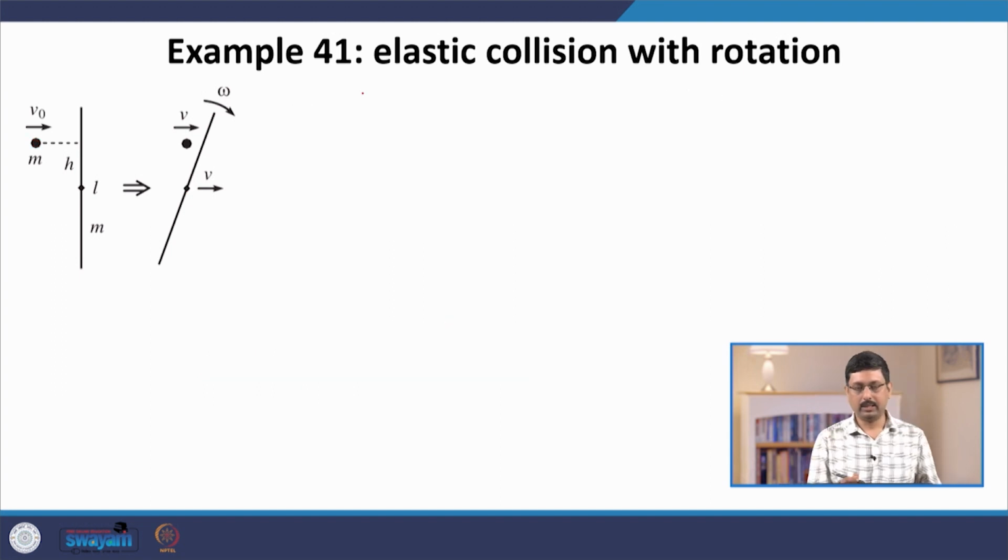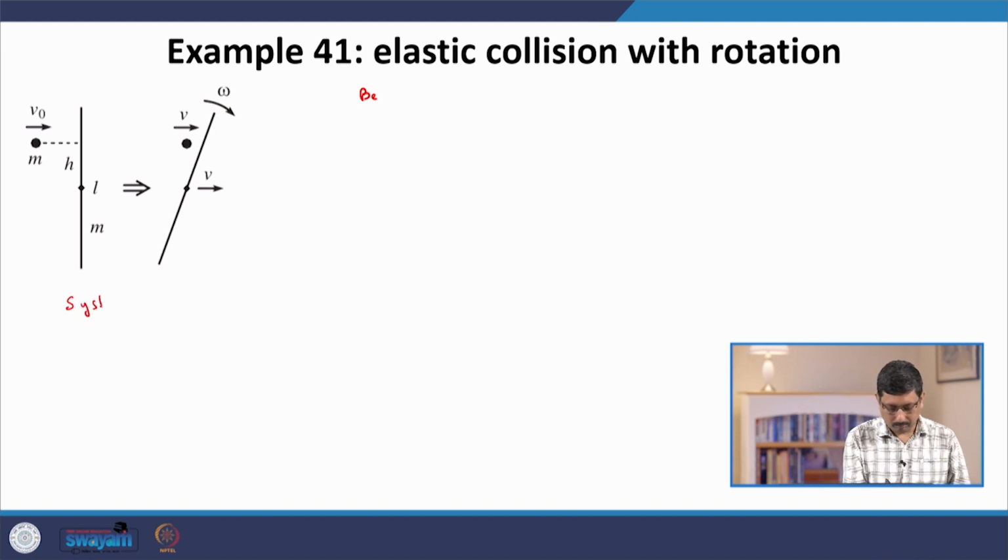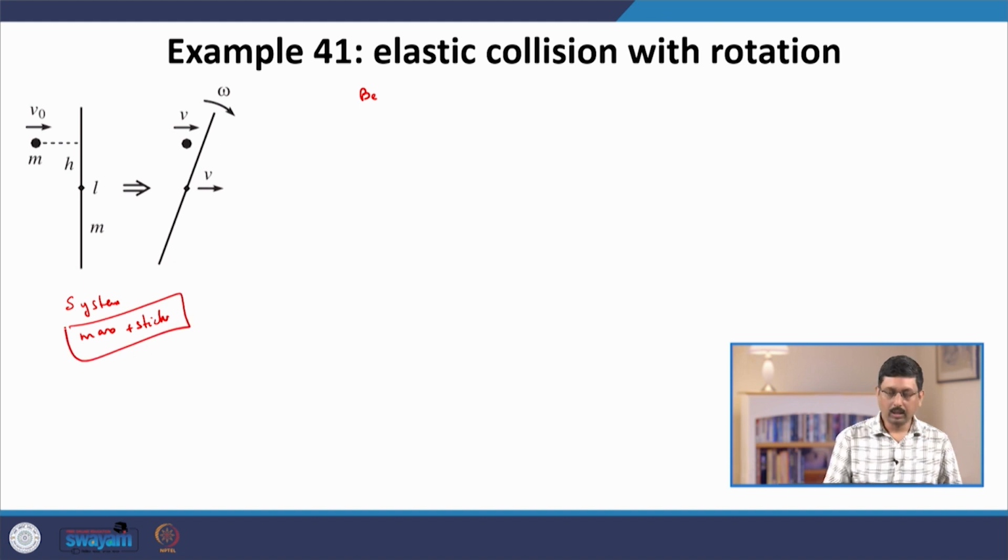Again, as we did in the collision problems, our system is going to be the mass plus stick, and since we involve rotation, we must mention the frame of reference.